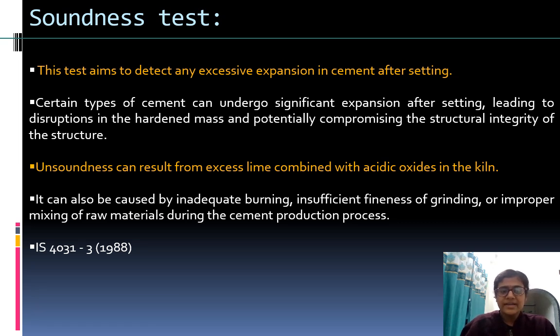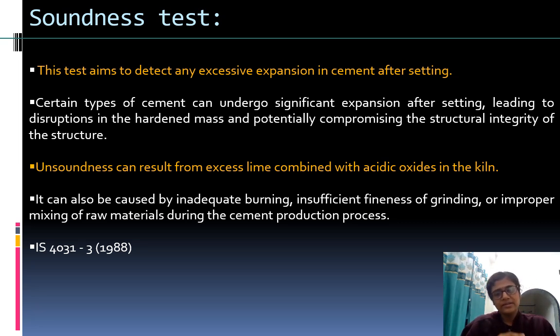This can occur as a result of excess lime, right? And it can also happen if there is inadequate burning, insufficient fineness of cement, or improper mixing of raw materials during cement production.